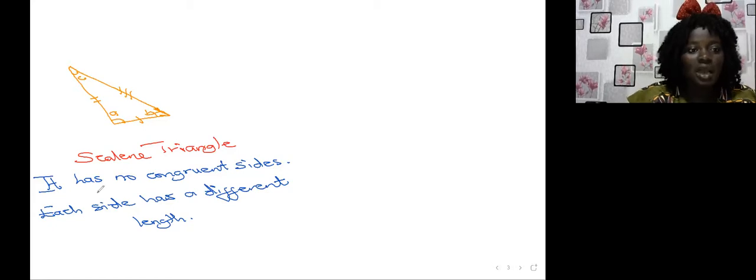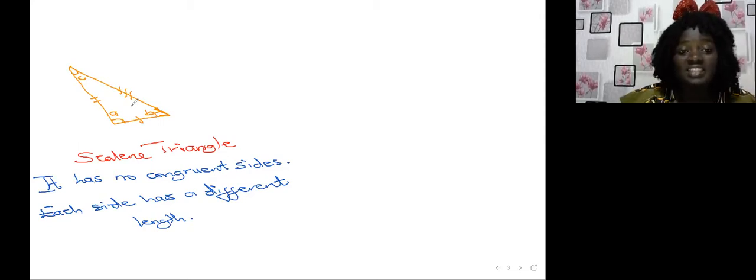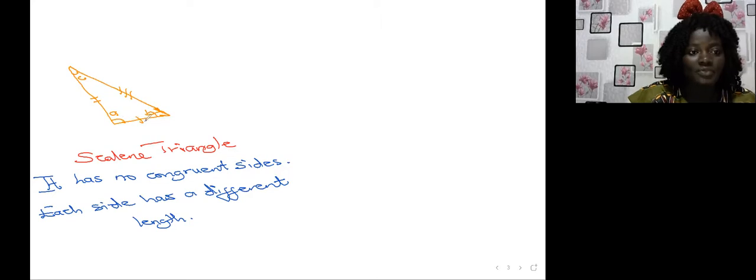A scalene triangle has no congruent sides. So all the sides are not equal as compared to the equilateral triangle, and each side has a different length. So in the diagram, 1 bar, 2 bar, 3 bar means all the sides are not equal.